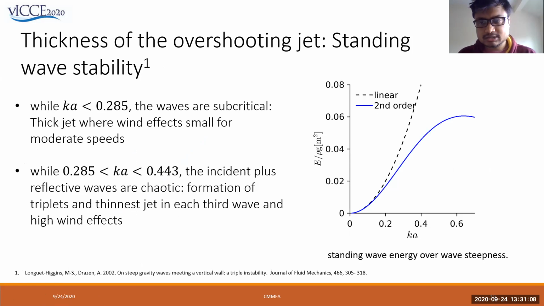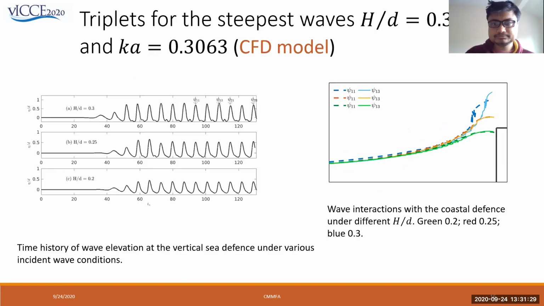If we study the non-standing wave instability, this also gives better insight into the impulse conditions at the coastal defense. This was preliminarily studied by Longuet-Higgins and Drazen, and they found there is a critical wave steepness between 0.25 and 0.44, where the nonlinear effects during the wave interactions with the coastal defense are most dominant.